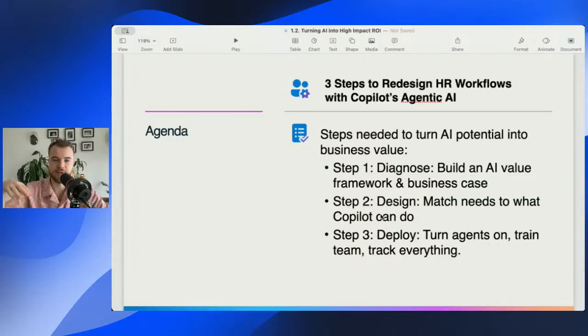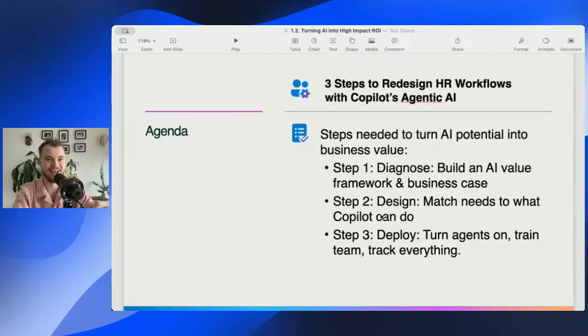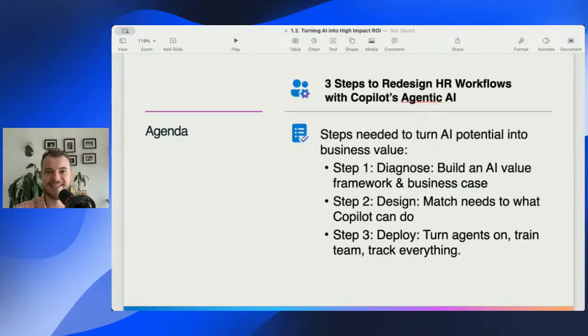So recruiter A is down here, not using it. Recruiter B is up here, using it a lot. And the question is, how do we as a team or as an HR function align and track usage, measure its effectiveness, and coordinate things at a leadership level?